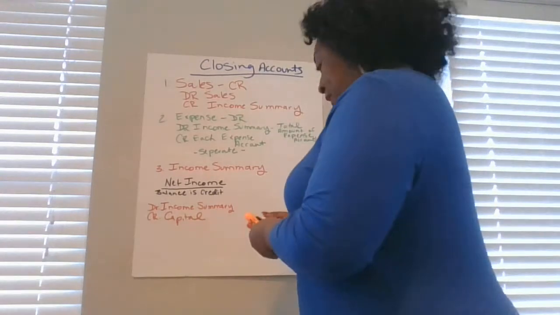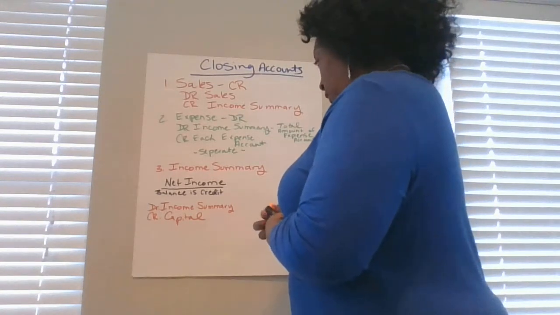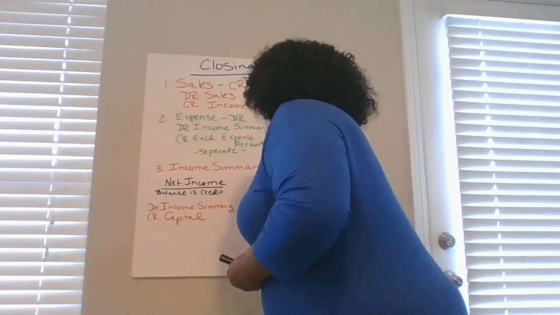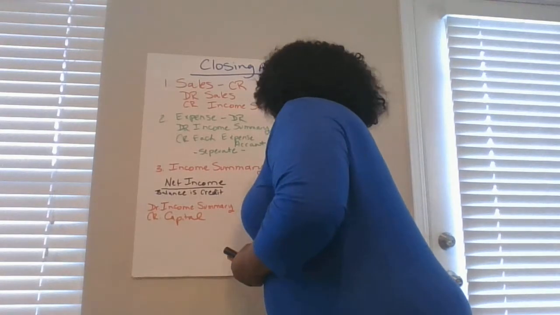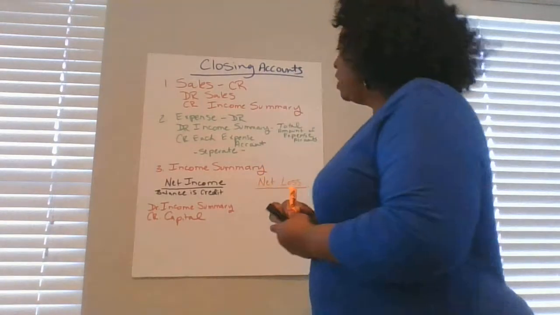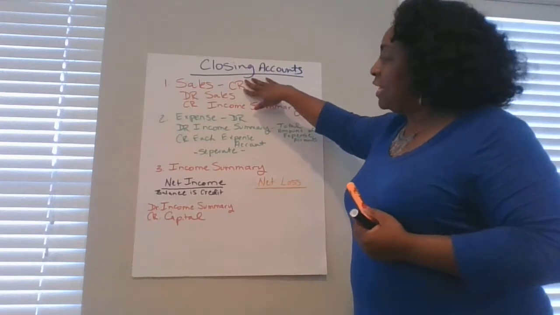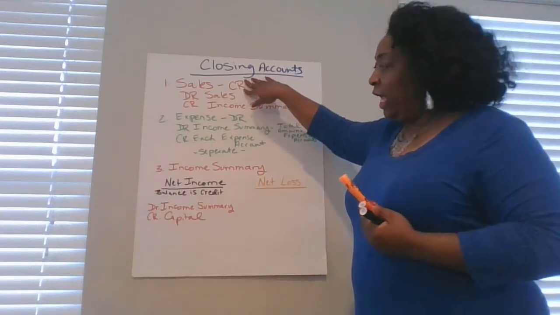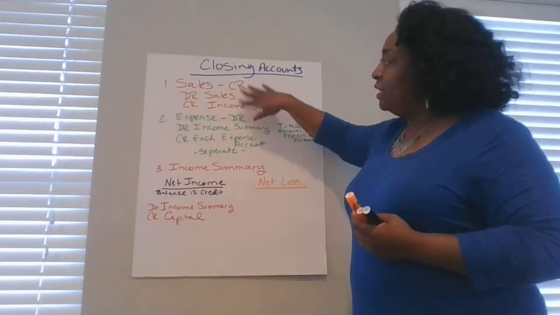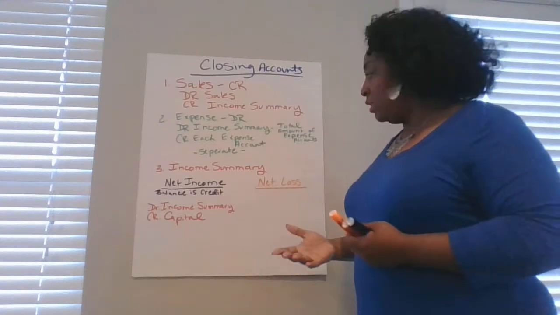But then the opposite is true. If we have a net loss, that means that we have more expenses than sales. And if we have more expenses than sales, that means we lost money.